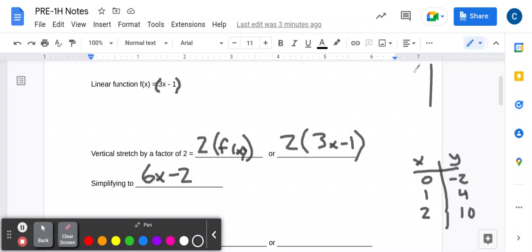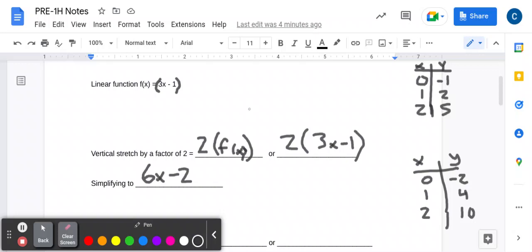Originally we had a graph with 0, negative 1, and 1, 2, and 2, 5, etc. Now this is vertically stretched by a factor of 2, so at each x value, the y value down here is double what it was up here.